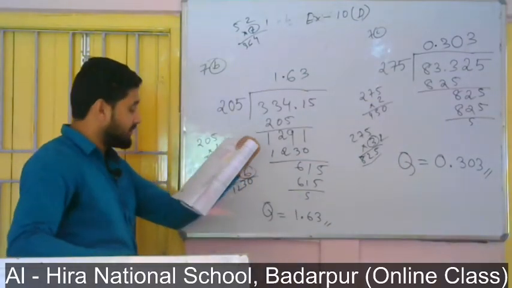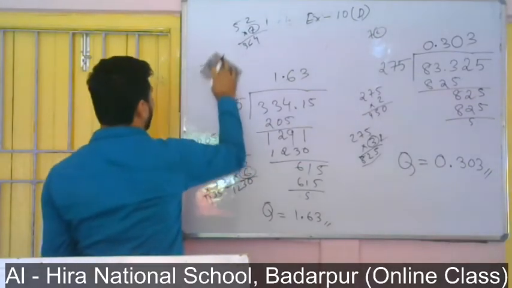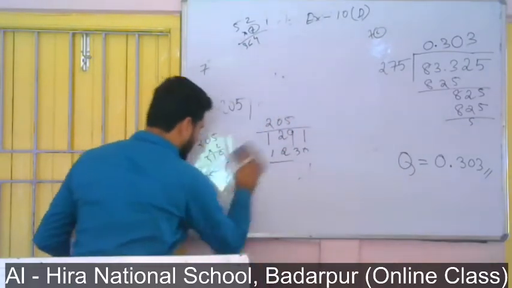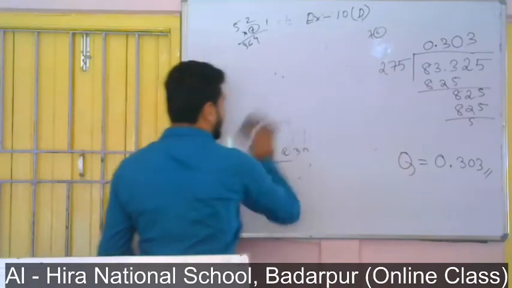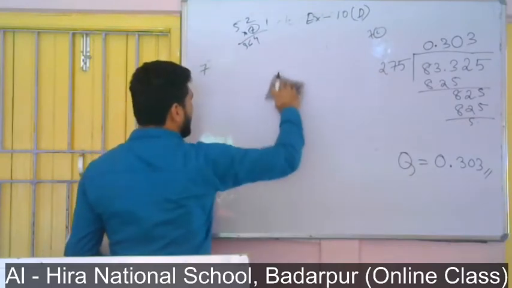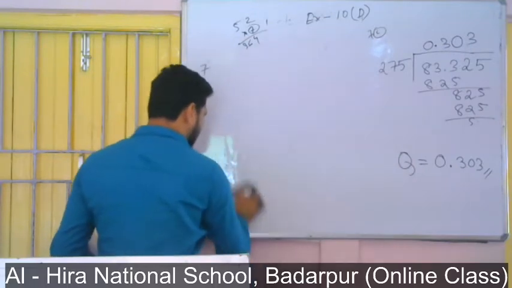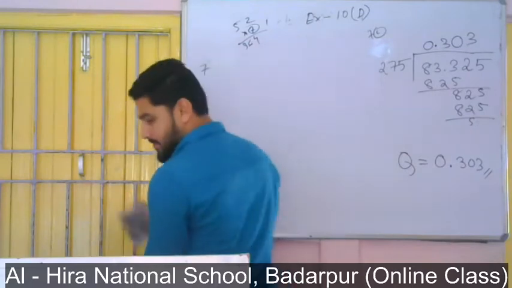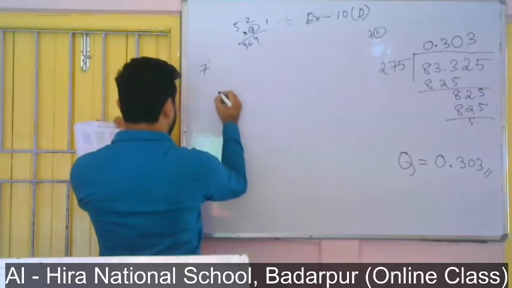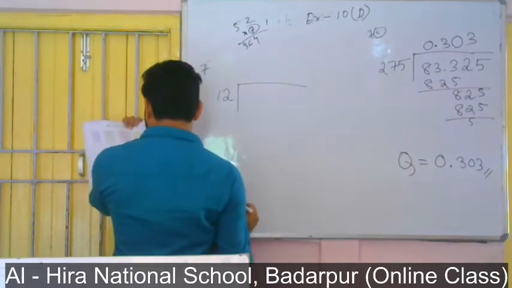Now come to question number D, 7D. You see 7D, what is the question? The divisor is 12. So I have written the divisor and the dividend, 15.0225.